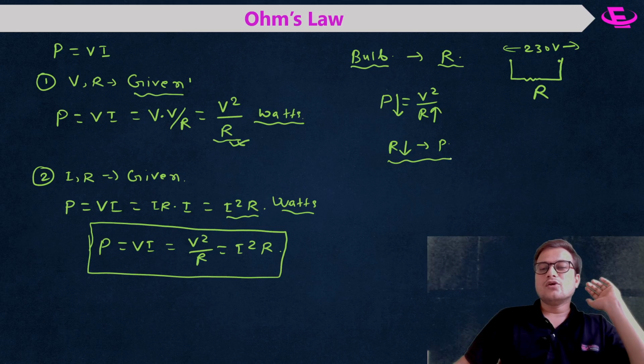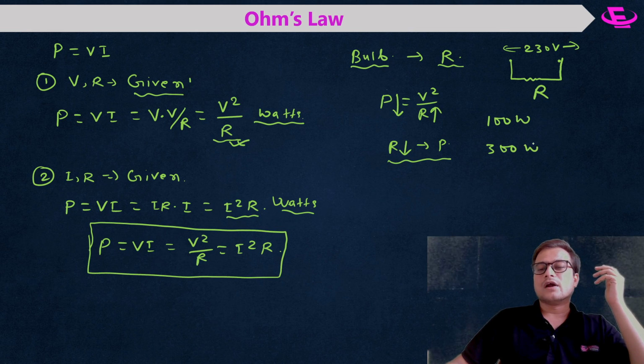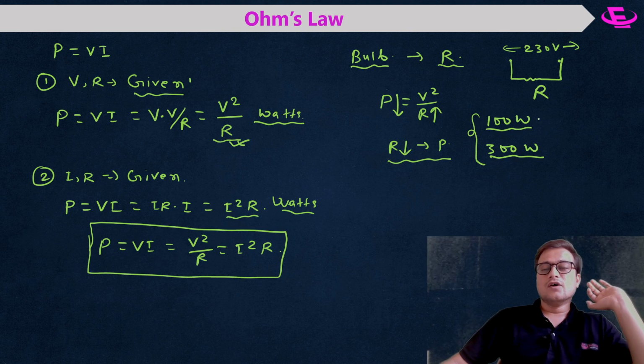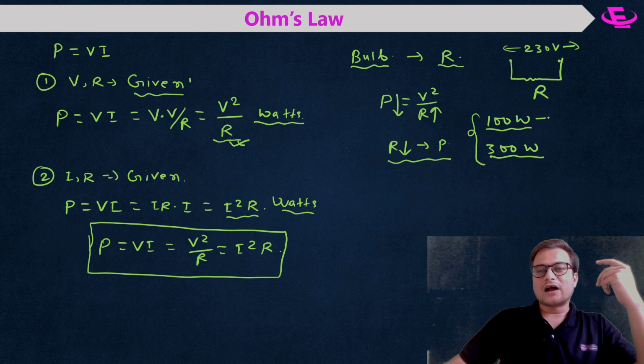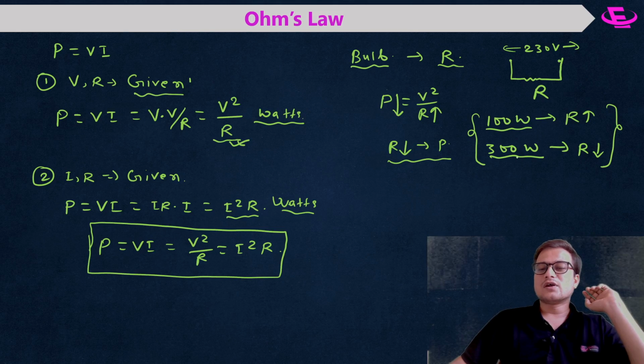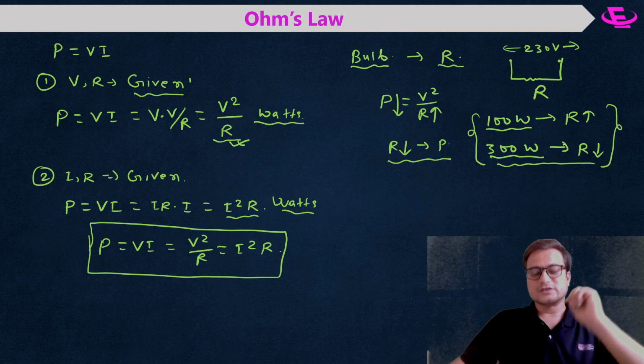Somebody says a 100-watt bulb, somebody gives you a 300-watt bulb. Which bulb has more resistance? In examinations they can ask a question like this. What will be your answer? The 100-watt bulb has less power, that means more resistance, and the 300-watt bulb has less resistance. This is the way to answer such questions.